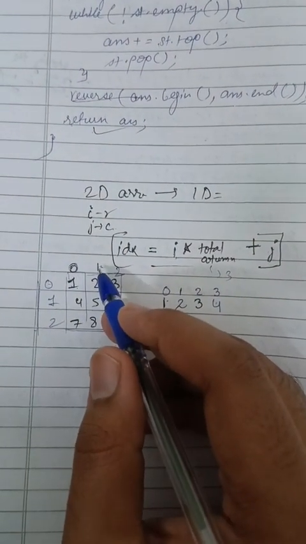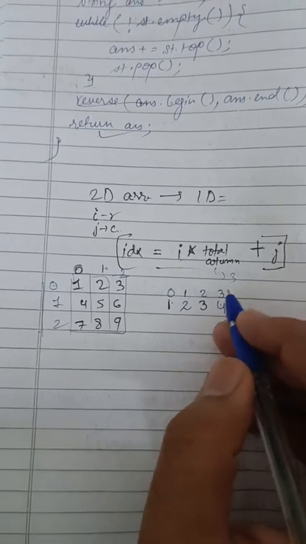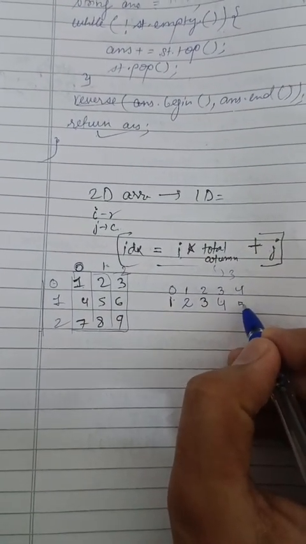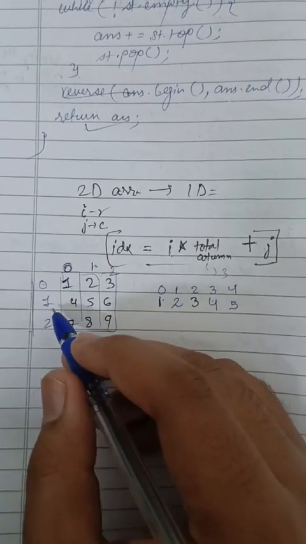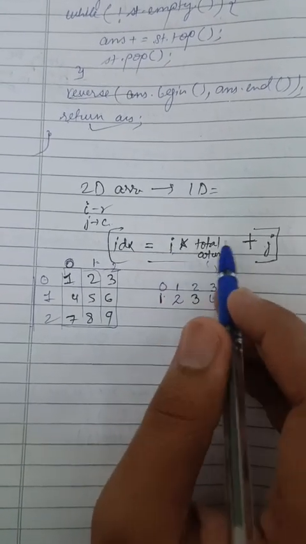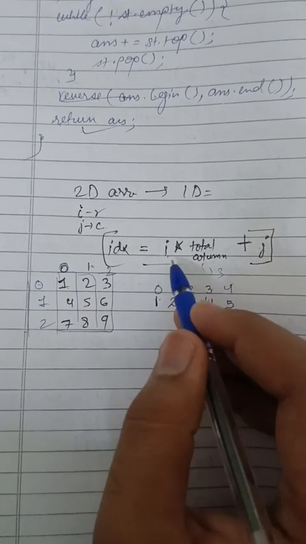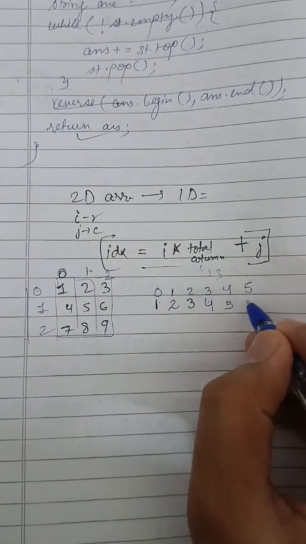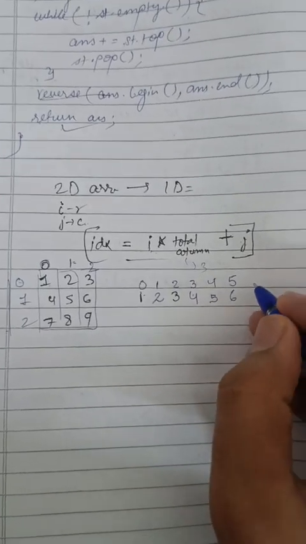Similarly, j equals 1, so I increase just 1 from 3, that means 4, and this will be 5. Then again, if you apply the same formula, i equals 1 and j equals 2: 1 into 3, 3 plus 2, 5. At the fifth index the element will be 6.